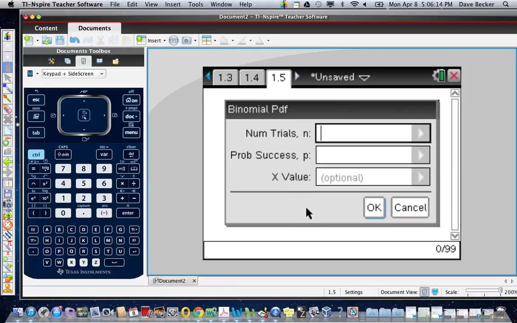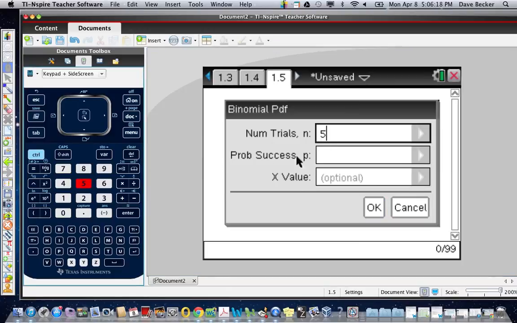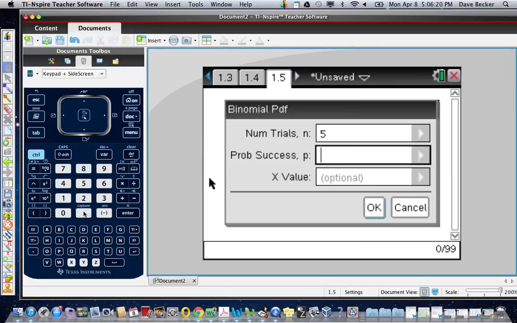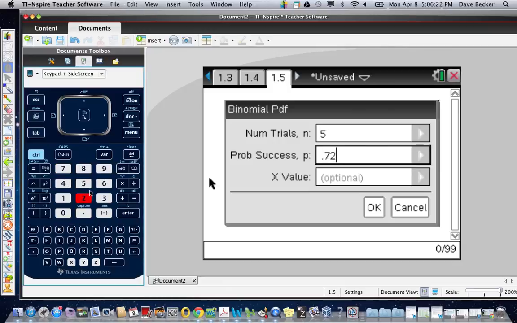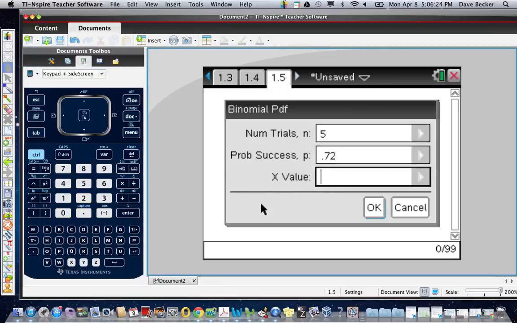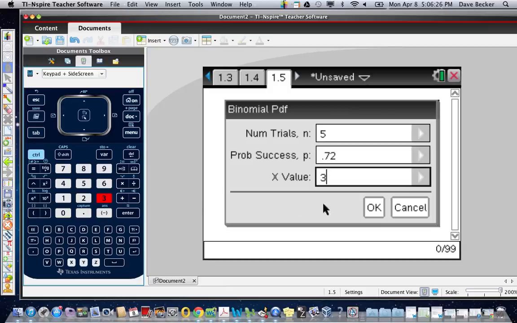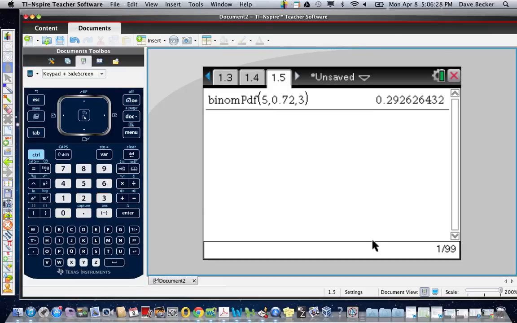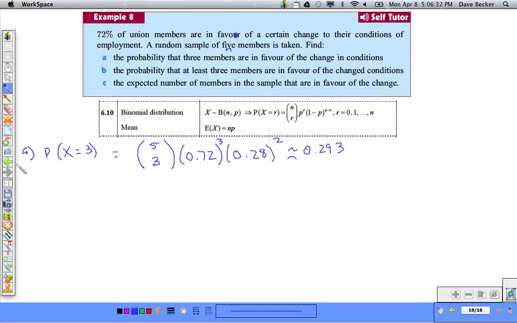We use the p for probability. Number of trials was 5. Probability of success was 0.72. And the x value is 3. And we hit OK. And there it was, 0.293 if you remember. Beautiful. Very simple. Very easy.